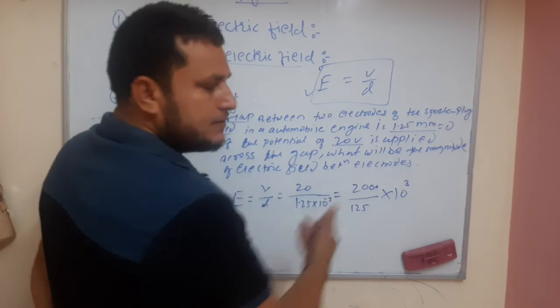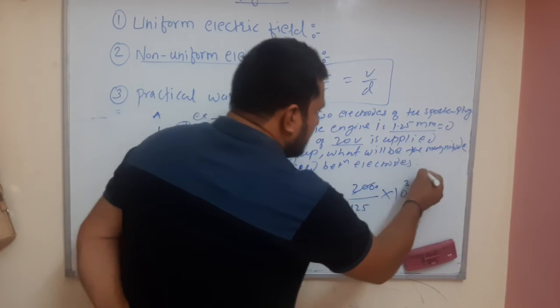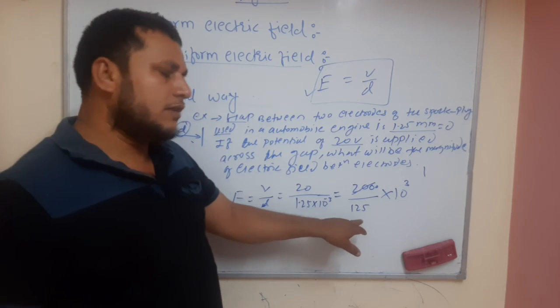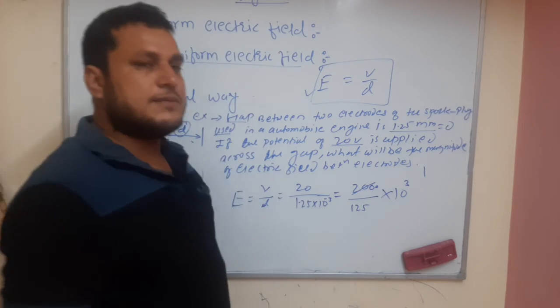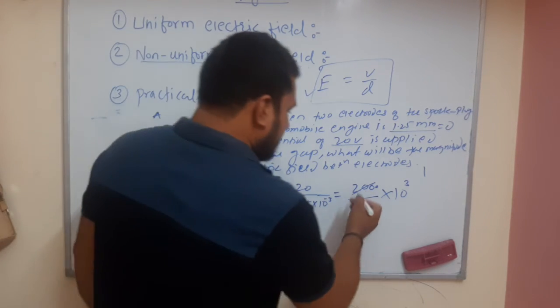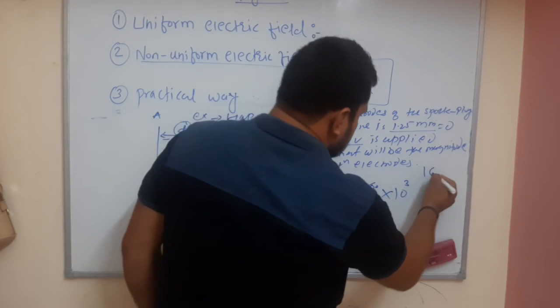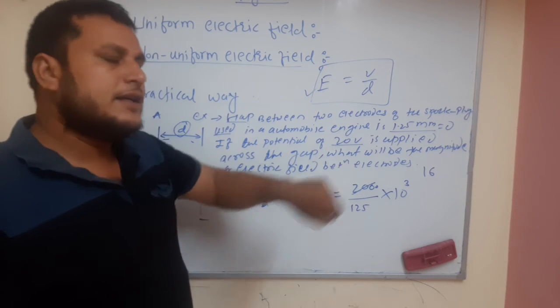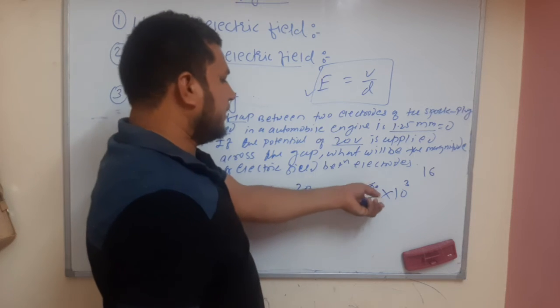Now this 20 becomes 2000. 125 ones are 125. So 200 minus 125, then the remainder is 75, and this zero makes it 750. So 125 sixes are 750, with a remainder again.